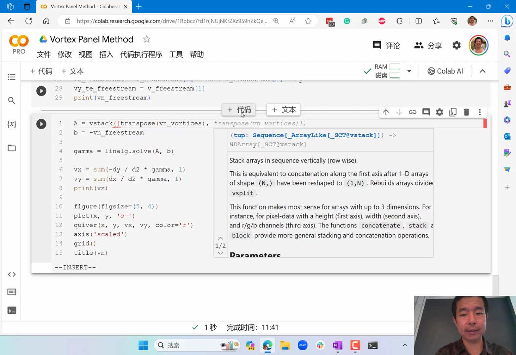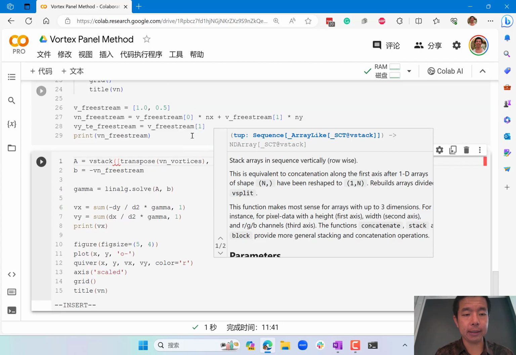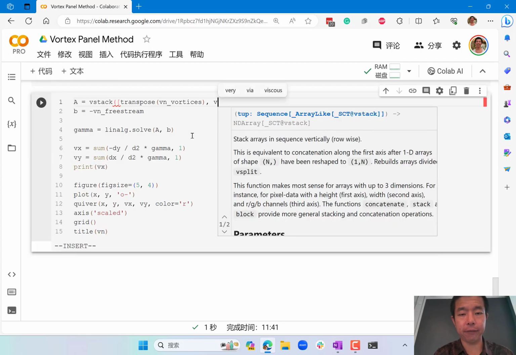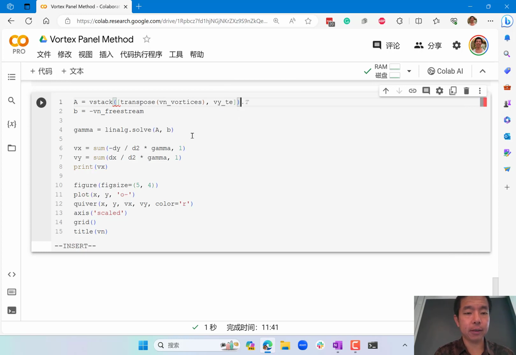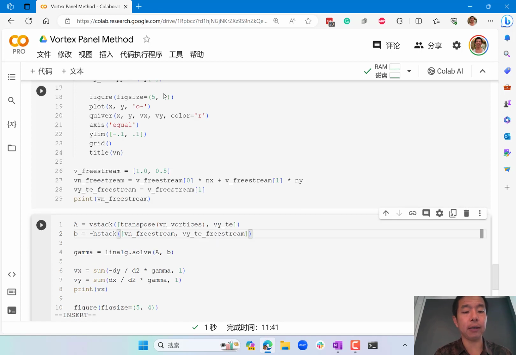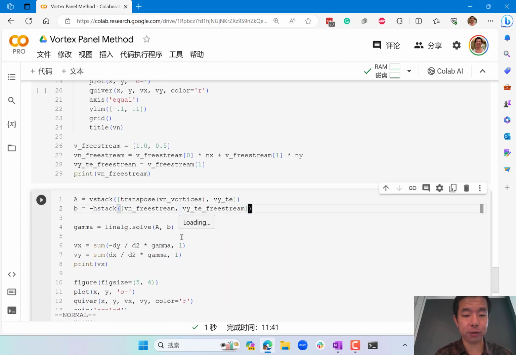This other row is the Vy trailing edge. My right-hand side also has another component, so it's going to be a stacking of Vn with the Vy trailing edge.